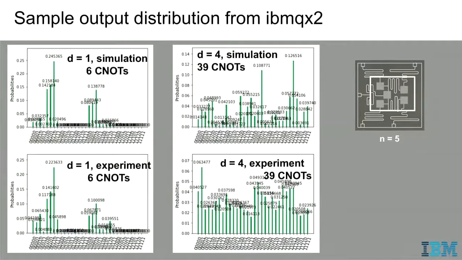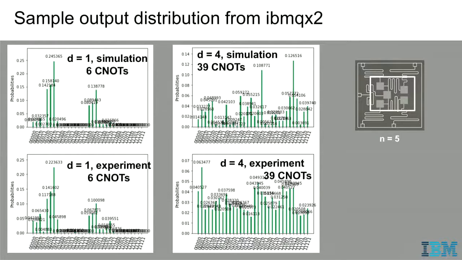And then this is the experimental result. And you see that this corresponds fairly well. But with depth 4, and this now requires 39 CNOTs, the output distribution is fairly random now.